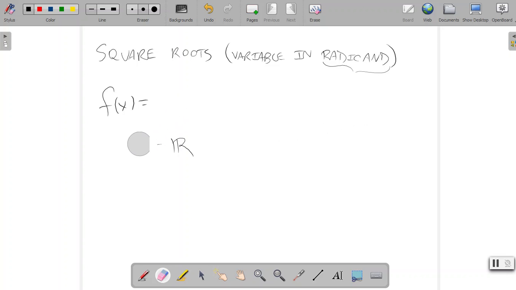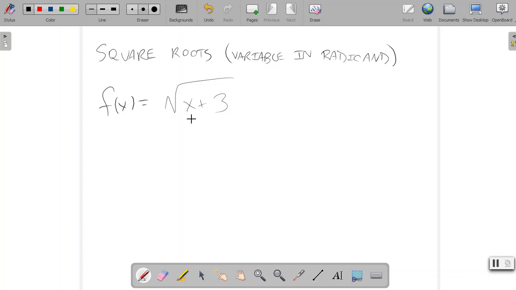So the only place where this becomes an issue is when you start having variables under the radical. Now in this case, you're not going to have not equal to like we did with the fractions. You're going to have a greater than or equal to.